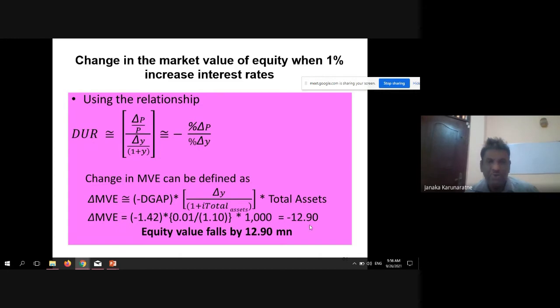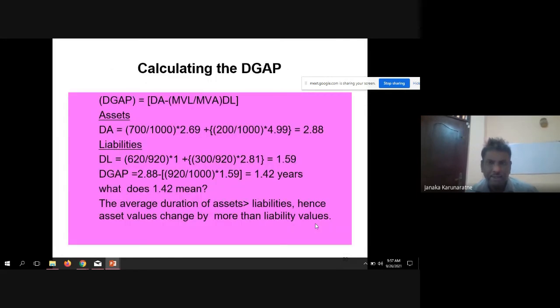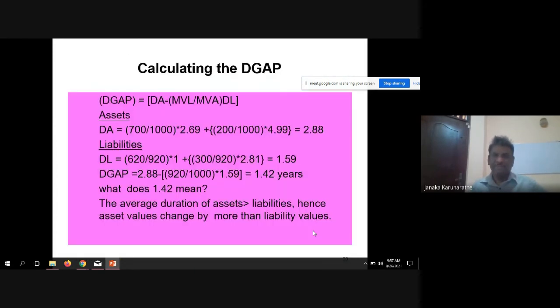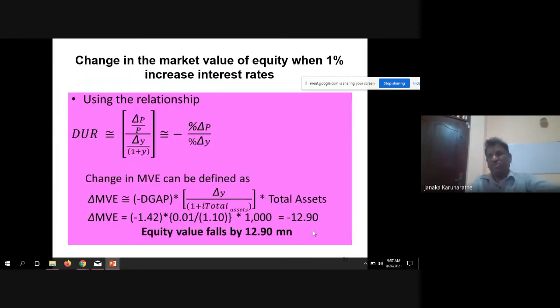So our market value in this particular bank, if our interest rate goes up by 1%, the market value declined by 12.9 million. So that means in this particular bank, if interest rate goes up by 1%, our market value of equity will decline by 12.9. 80 drops by 12.9 to about 67.1.